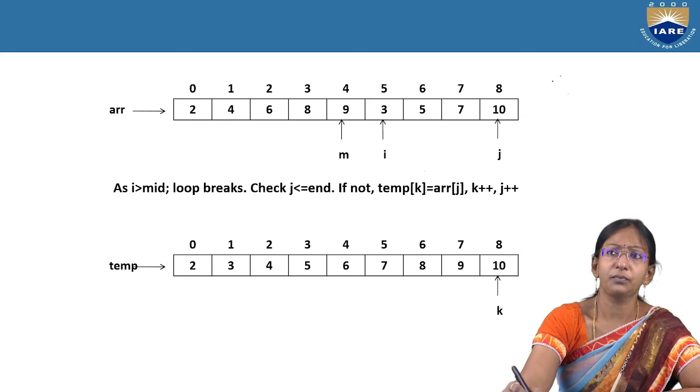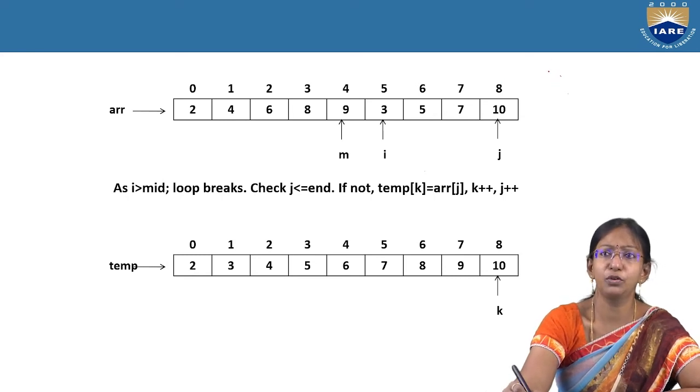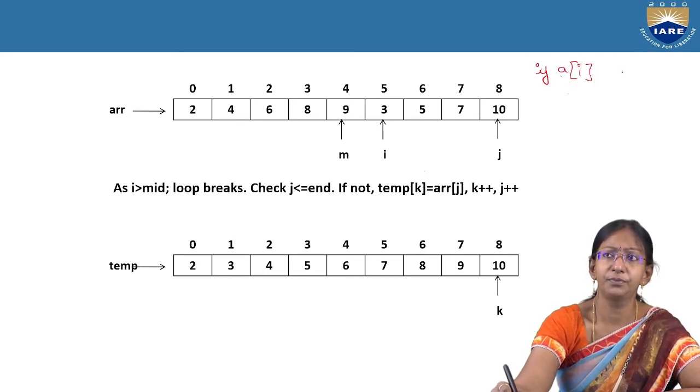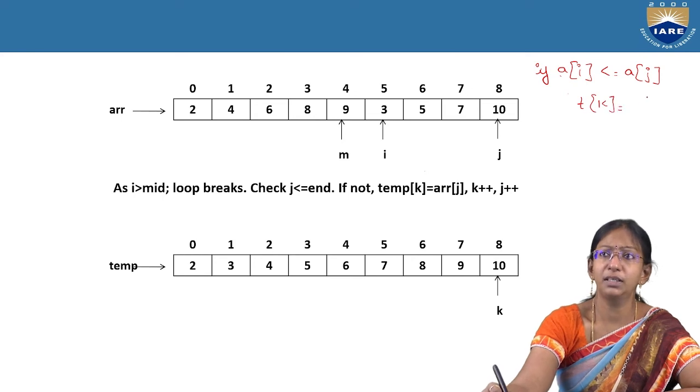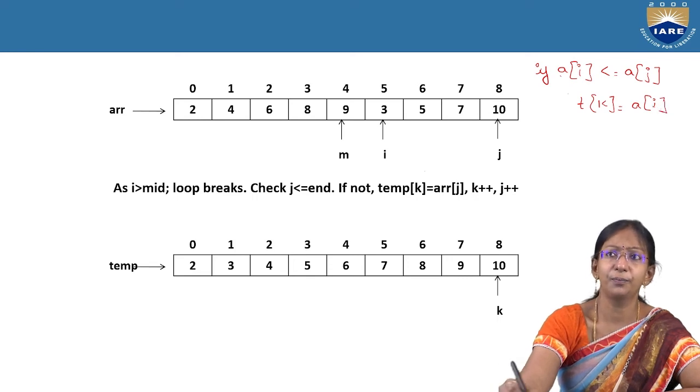Two conditions you have to check. First condition is if the element pointed by I is less than or equal to the element pointed by j. If this condition is satisfied, then copy the content pointed by I into the temporary variable, because I is holding a value which is lesser.